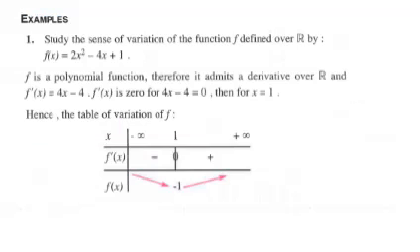But how do I find the sign? First of all, we have the function. In order to study the sign, I have to find its derivative. So what's the derivative of 2x squared minus 4x plus 1? It's 4x minus 4. Great. After finding the derivative, you have to do something which is called study sign.